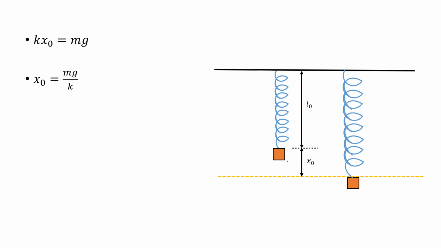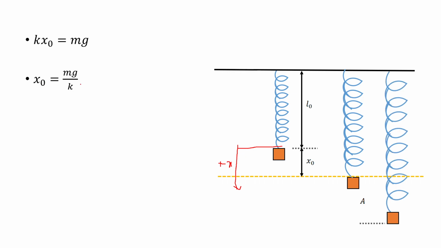So in that case, the block comes to its equilibrium position, where x naught is the distance traveled from the natural position, or unstretched length, to the equilibrium position. I have taken the downward direction as positive, and the origin is taken at the unstretched length. So the block will move a distance x0 equals mg by k.